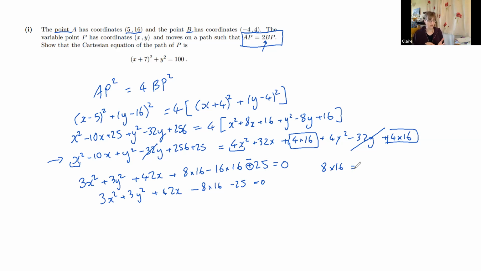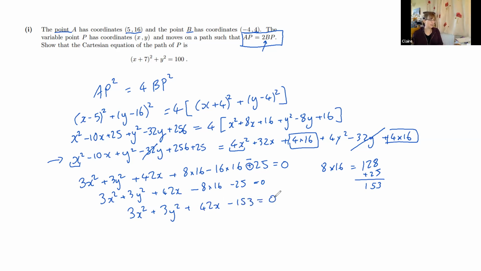So I go to 32, 64, 128. Add on the 25. That gives me 153. So I've now got 3x squared plus 3y squared plus 42x minus 153 equals 0.